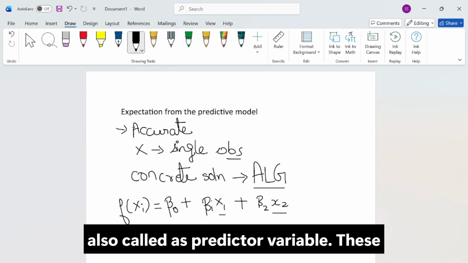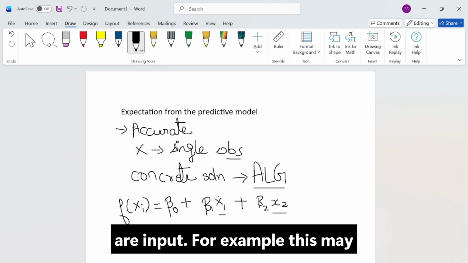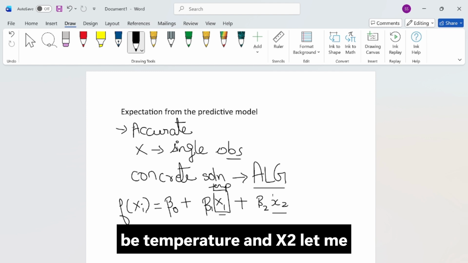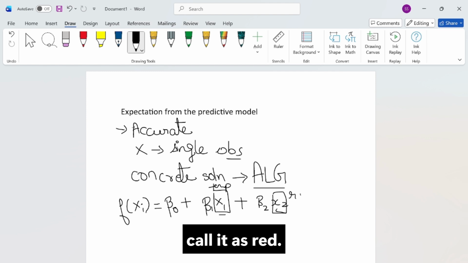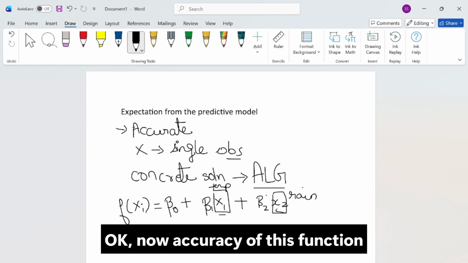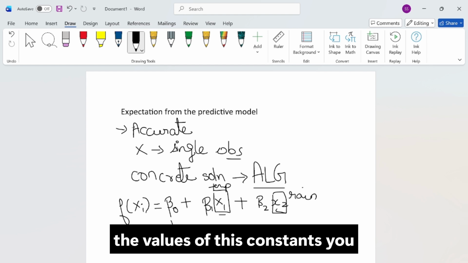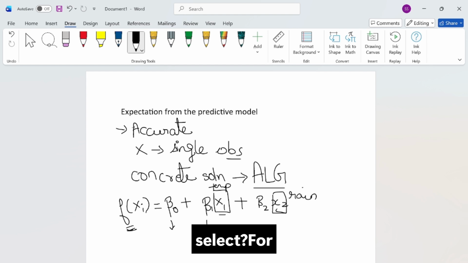I hope you got my point. They're also called predictor variables. These are inputs. For example, x1 may be temperature, and x2, let me call it rain. Okay. Now, the accuracy of this function depends on how correct the values of these constants you select.